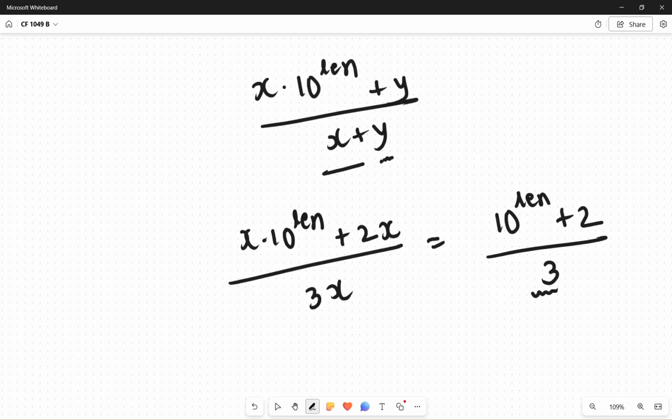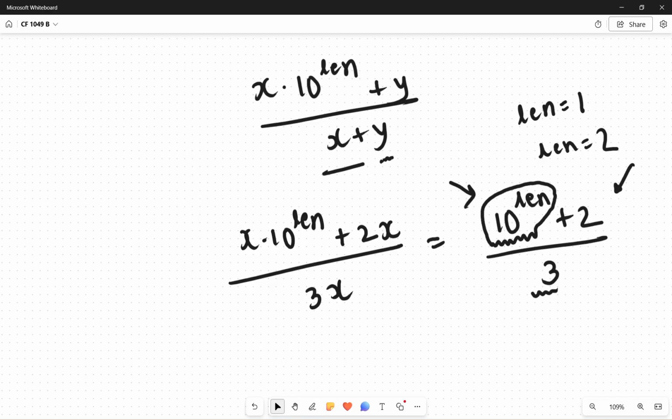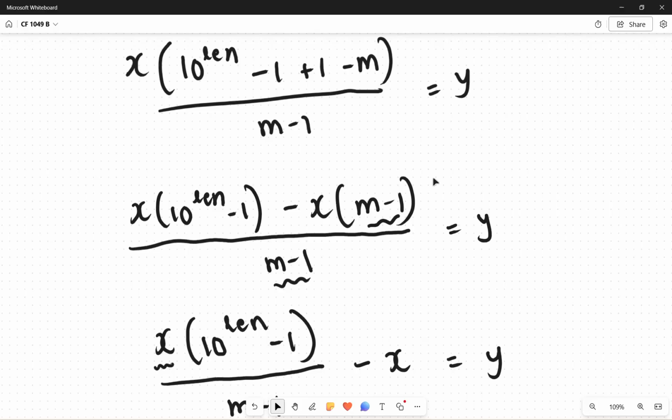As the divisibility theorem of 3 says, if the sum of the digits in the number is divisible by 3, then that number is divisible by 3. When length is equal to 1, it will be 10 plus 2, 12. When length is equal to 2, it will be 100 plus 2, 102. So basically 1 plus 2 is 3, the sum of the digits is divisible by 3, so that's why outputting 2 times x just suffices.